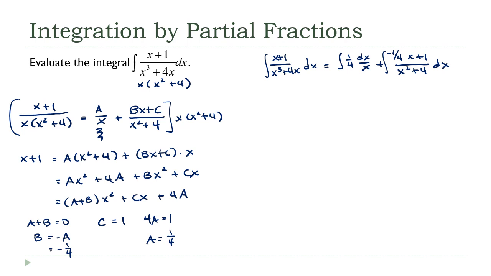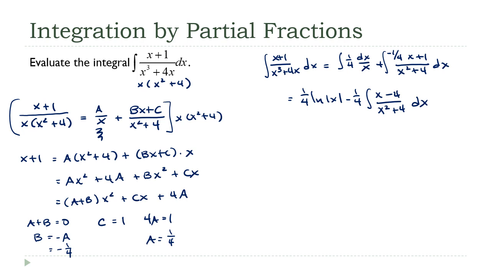Okay, so this first part is easy, right? This is just 1/4 the log of the absolute value of x. Now, I'm going to pull that minus 1/4 out. So this is going to become minus 1/4 the integral of x minus 4 over x squared plus 4 dx.